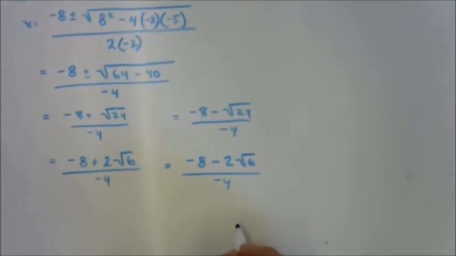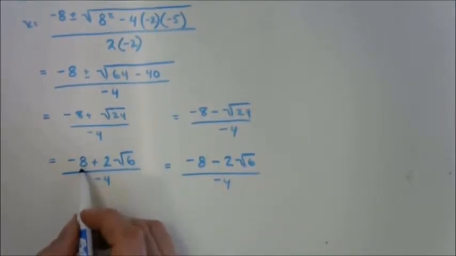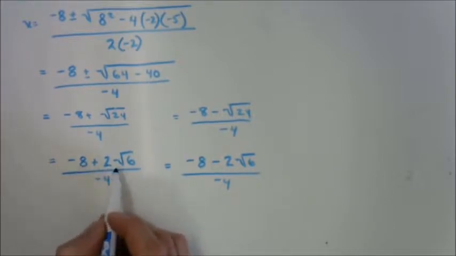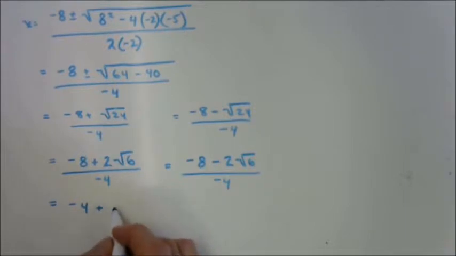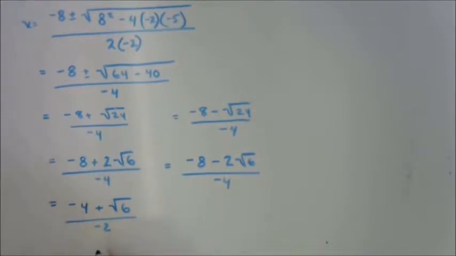And then this can be reduced a little bit further because both of these terms in the numerator, we can divide each term here by 2. So we're going to end up with negative 4 plus the square root of 6 over negative 2. And in another step, what I can do too is multiply each term by negative 1.